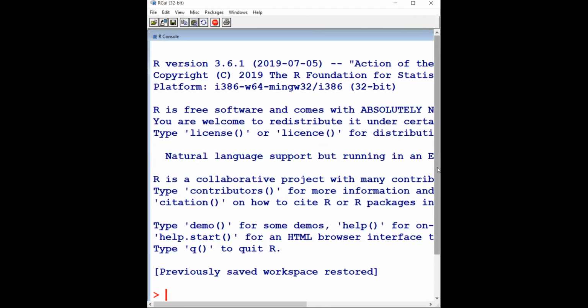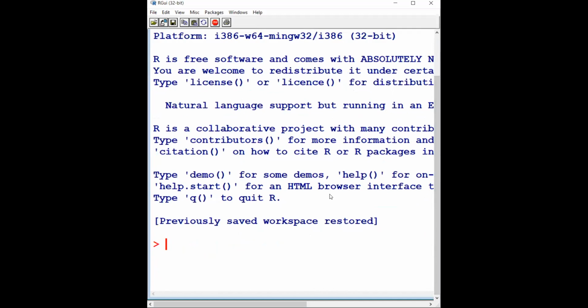So the first thing that you have to do when you are using R is enter all the values into an Excel sheet, and then save it as a CSV file. By now you know that. I have already saved my Excel file. And then I'm going to import my Excel file to R. Let's say I'll give the file name as my data.